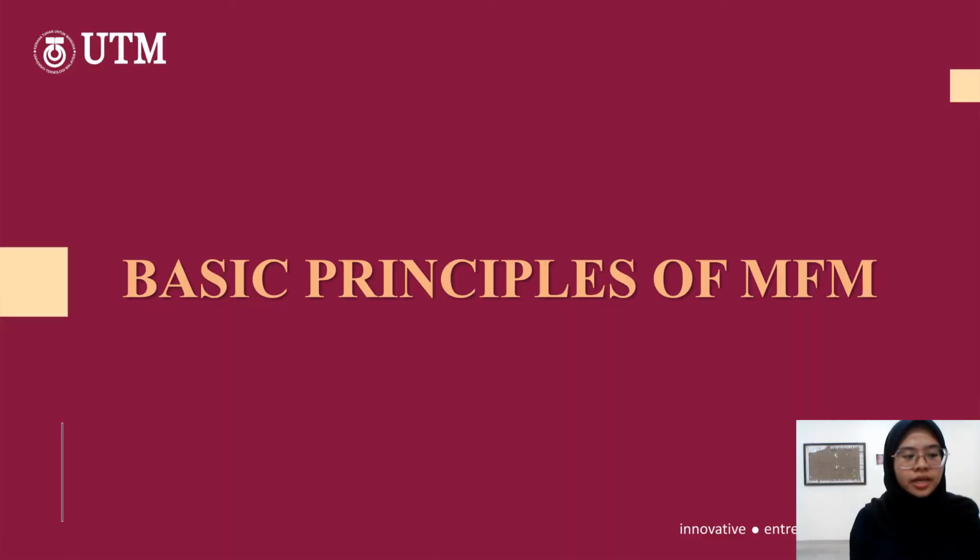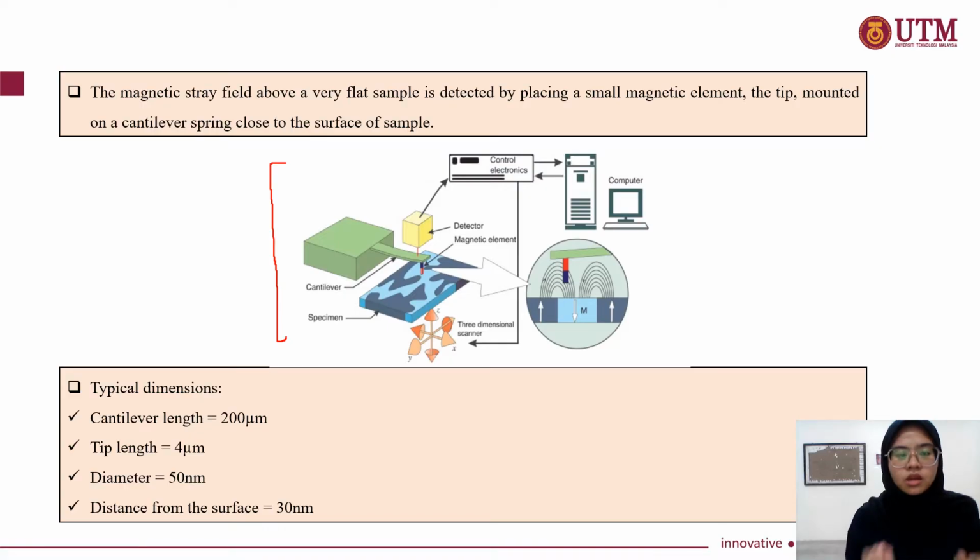And the last part that I would like to explain is about the basic principles of MFM. The first basic principle of MFM is that the magnetic stray field above a very flat sample is detected by placing a small magnetic element, the tip, mounted on a cantilever spring close to the surface of the sample.